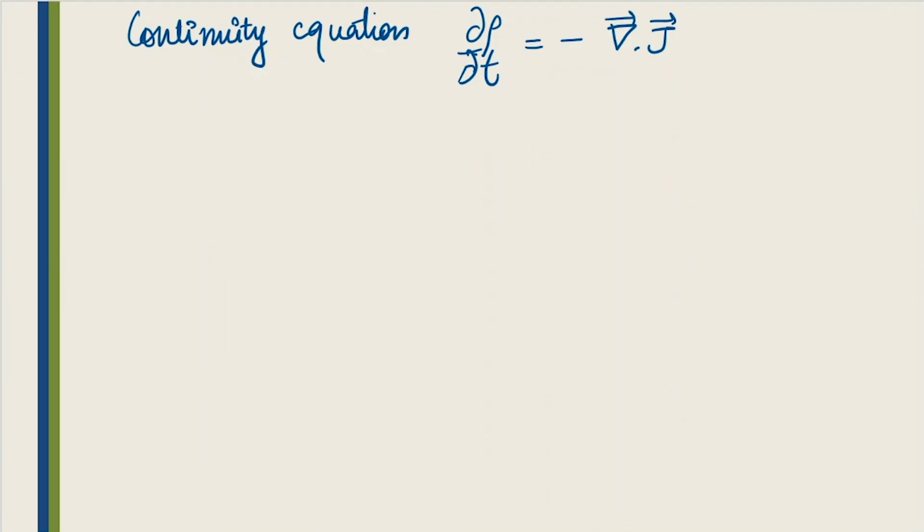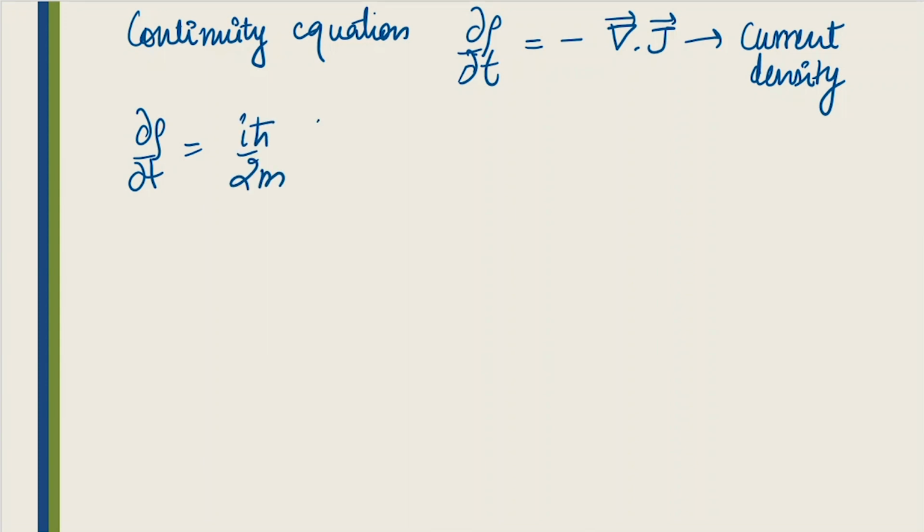Our continuity equation can be written as del rho by del t is equal to minus del dot j, where j is the current density. This is the continuity equation, and now our expression is del rho by del t equal to iota h cross by 2m del dot psi star del psi minus psi del psi star.